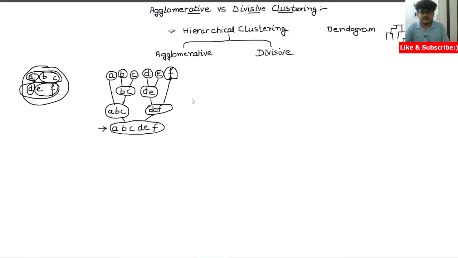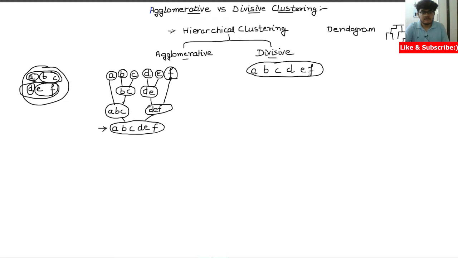In the divisive algorithm, in divisive clustering, we do the opposite of agglomerative. What we do is we combine all the data points in a single cluster. Initially we say that this is my single cluster, and then I start dividing this whole cluster into different clusters, and we basically call this splitting of a cluster.